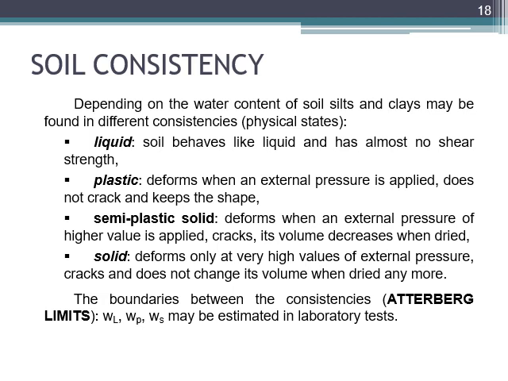The boundaries between these consistencies are called Atterberg limits, and the boundaries are simply some specific values of the water contents, and these are the liquid limit WL, the plastic limit WP, and the shrinkage limit WS.